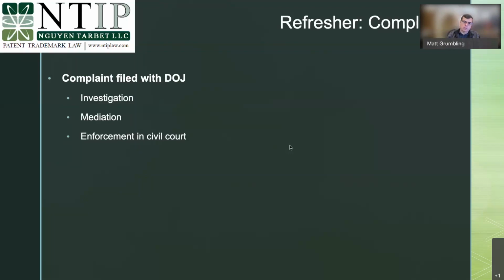And basically, the DOJ stands in the shoes of the individual complainant, and you never know, the DOJ might find more violations than just the ones that were initially complained of, and so the DOJ enforcement could be pretty severe.